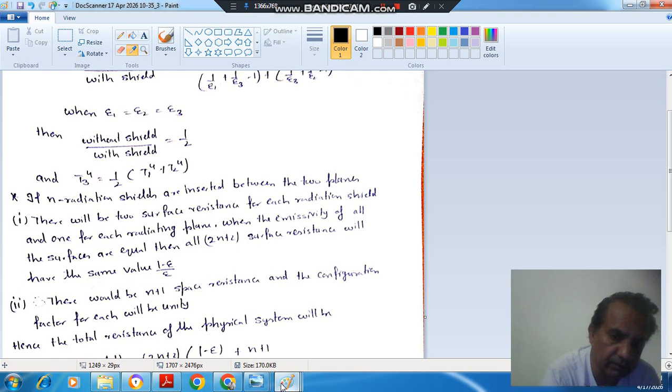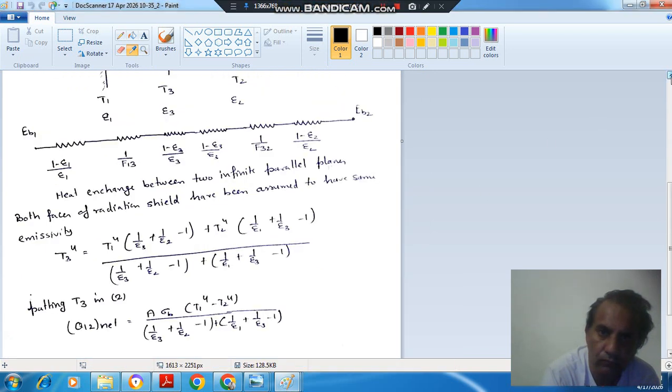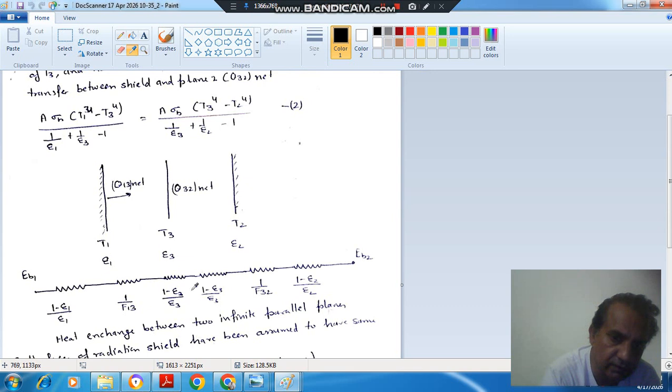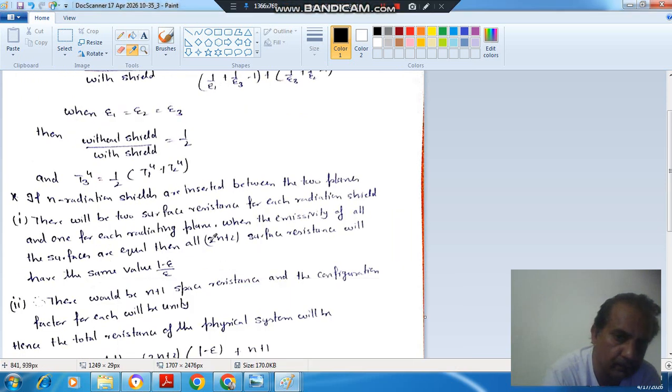Here we can see two surface resistances are there for this shield and one surface resistance is for this plane. Okay, so the total number of surface resistances is 2n plus 2 if the emissivity of each shield and the plane is the same. And each surface resistance will have the value (1 minus epsilon) by epsilon.